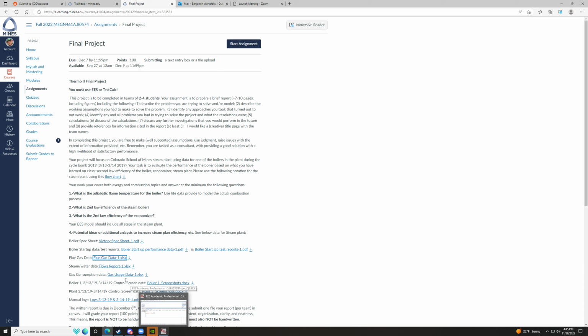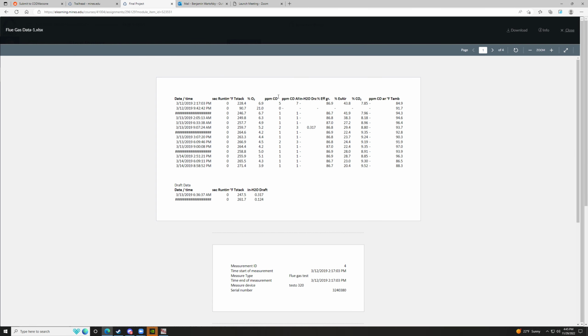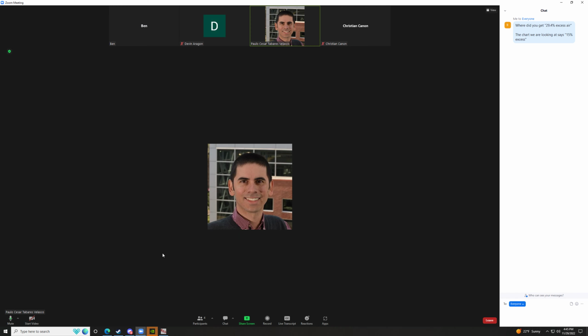But looking at the actual flue gas data, parts per million of CO, yes, exactly, there is going to be incomplete combustion there. That was the primary thing. Seeing theirs was also helpful to get some hints as to where we're getting stuck on a couple issues. Conceptually, we were on the right path, but we were hitting points like, do we do this or do we not do this? So it was helpful to sit here and listen and watch.